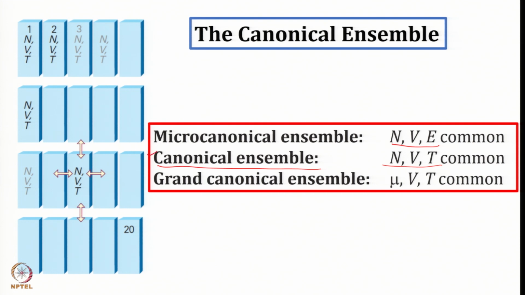Then that exchange of energies we allowed in the canonical ensemble, where N was constant, V was constant and T was held constant. But if you hold E constant, then it becomes the microcanonical ensemble. If you also hold chemical potential constant, it becomes the grand canonical ensemble.